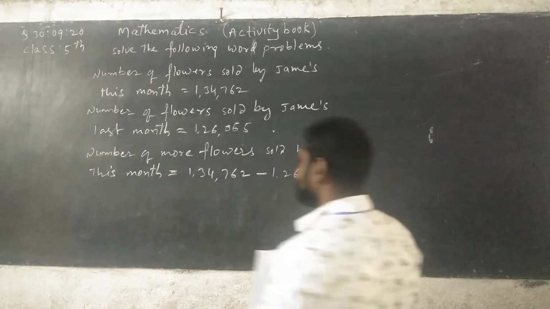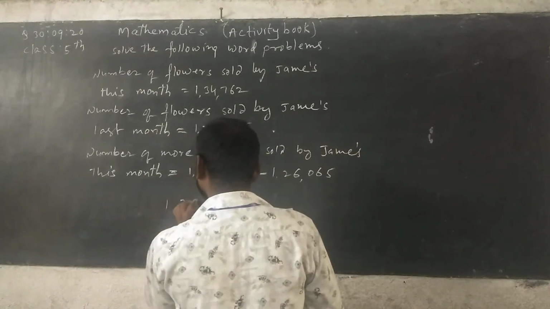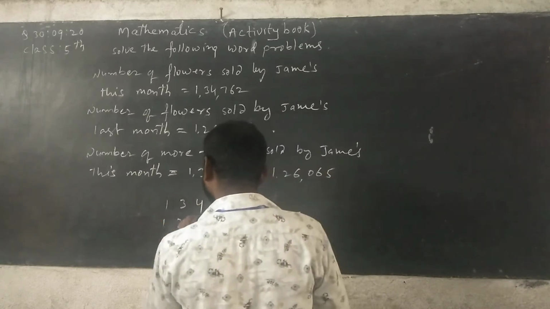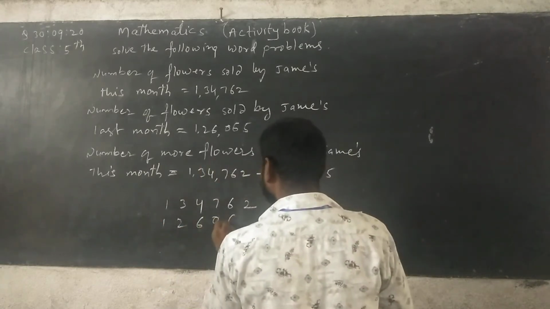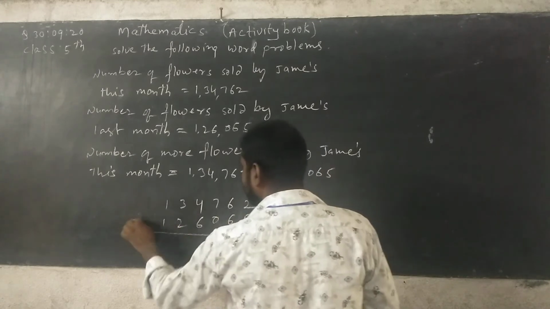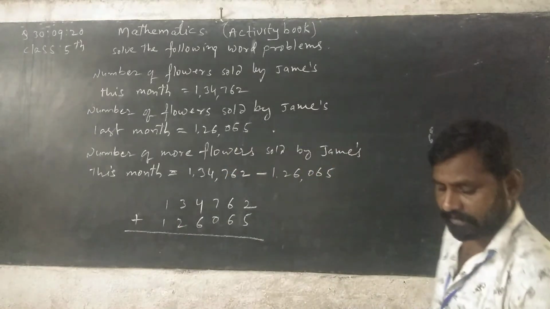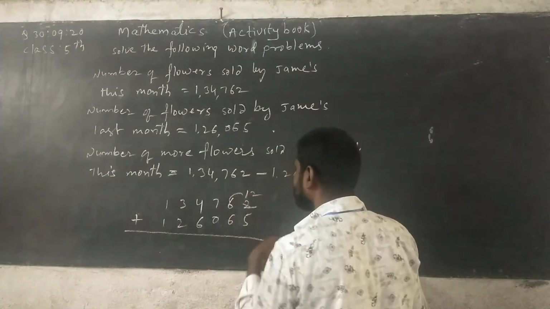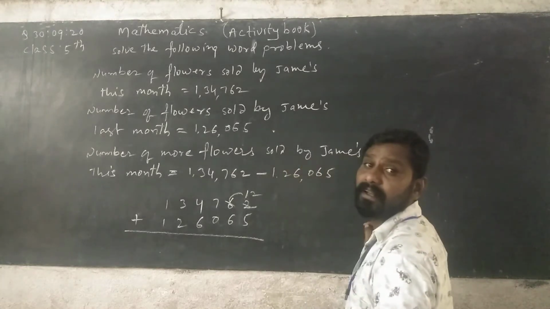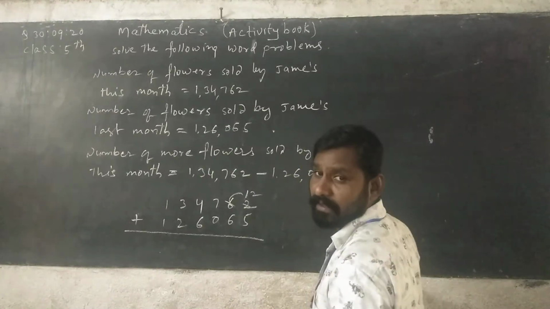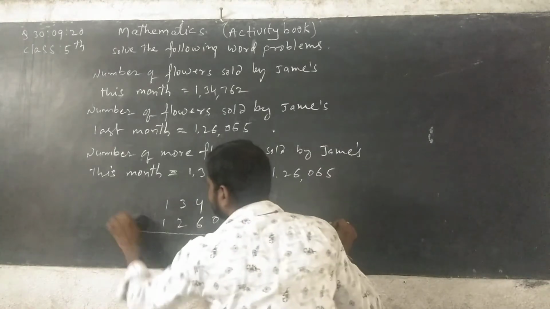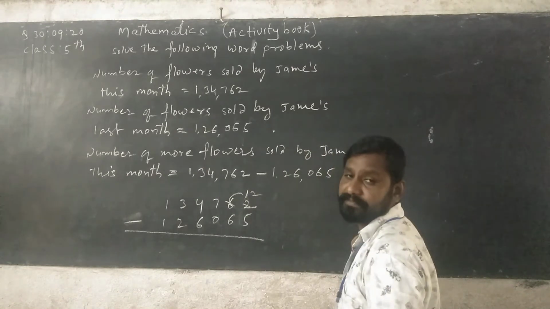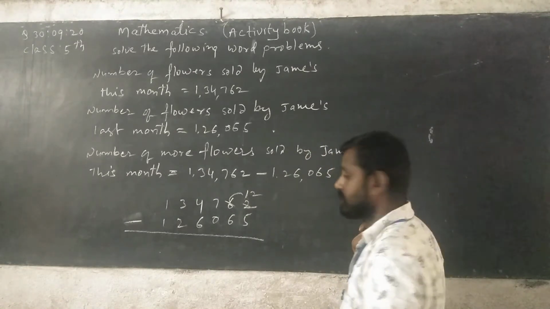See here, 1,34,762, 1,26,065. First we subtract the ones place digit. See here, 2 minus 5 possible? Not possible. Take borrowing, 10 plus 2, 12. 12 minus 5, 7.